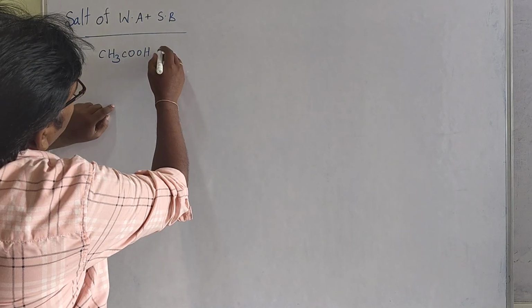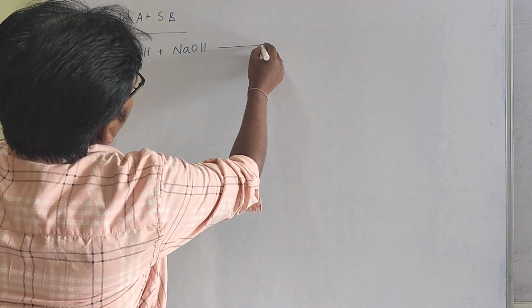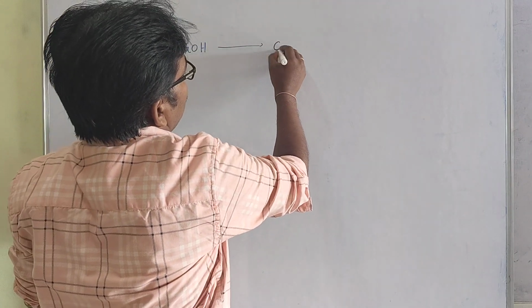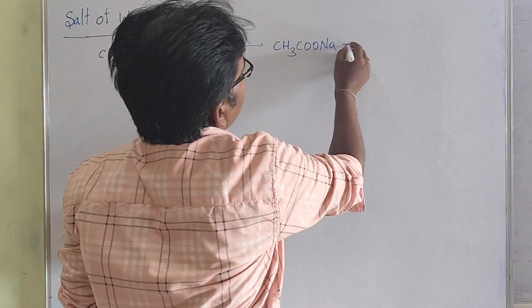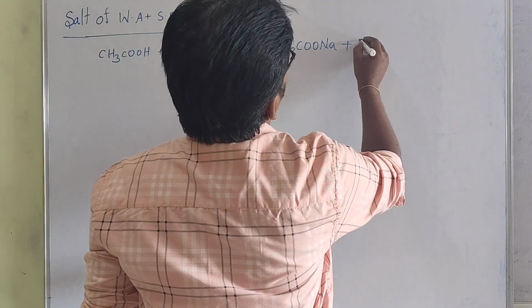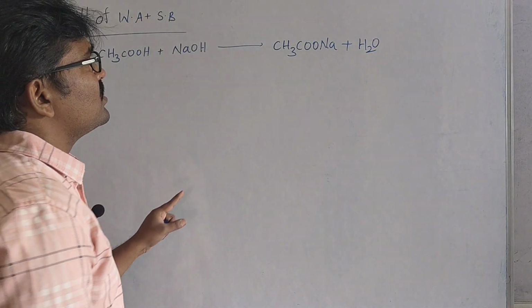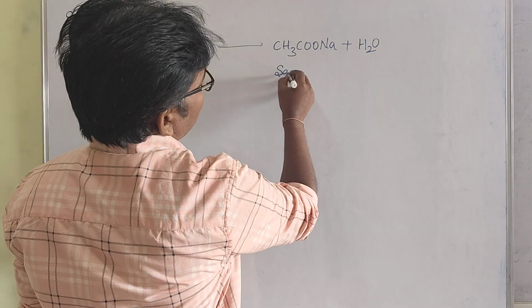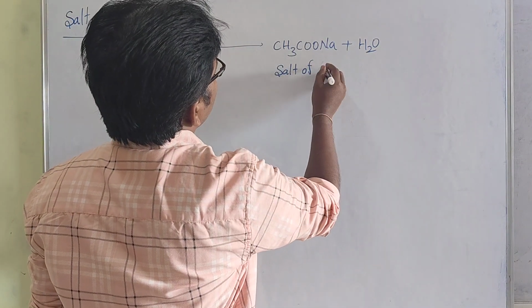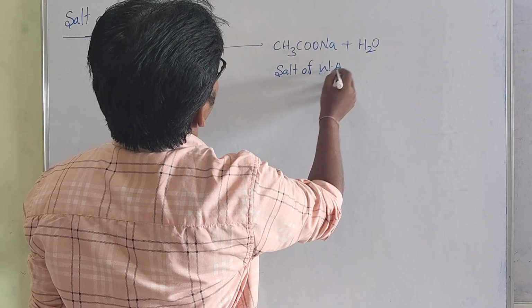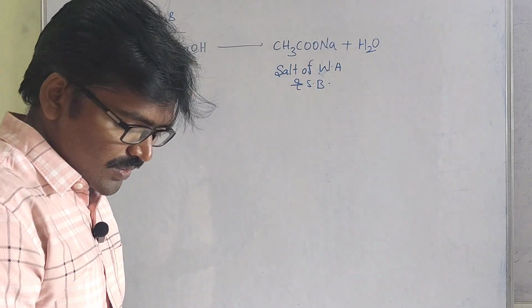When it reacts with a strong base like NaOH, we get a salt, CH3COONa, plus H2O. This is the salt of a weak acid and strong base.